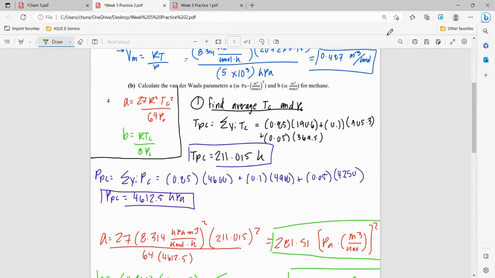Sorry, I want us to just quickly pretend that this is not just for methane. Oh my gosh. Okay, I did that whole calculation sequence without realizing that we didn't need to find the average. We just needed to use the parameters just for methane. I apologize. But your process should remain the same. I also realized this is in pascals, so you have to multiply this by 1,000 or change this to pascals first.